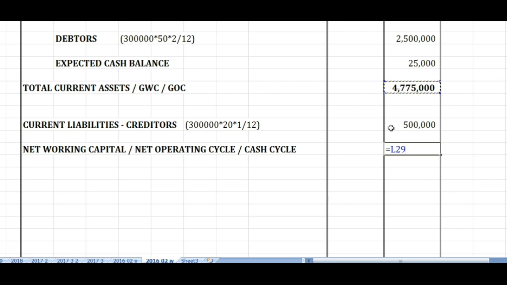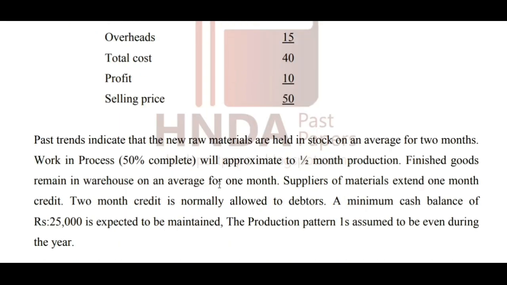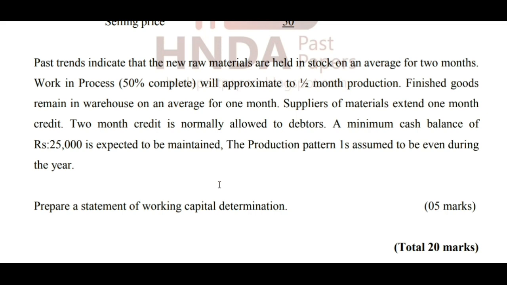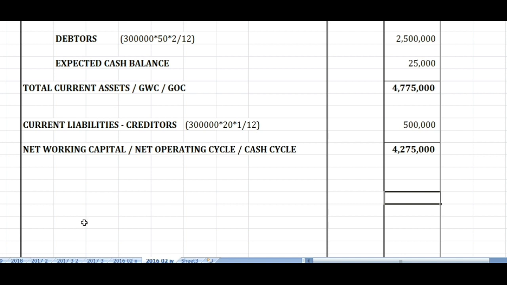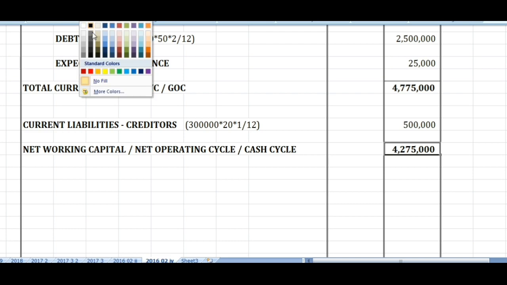Total current assets or gross working capital or gross operating cycle minus current liabilities, total current liabilities value, equal to net working capital or net operating cycle or cash cycle. 4.275 million is net working capital. This is the final answer for this question.